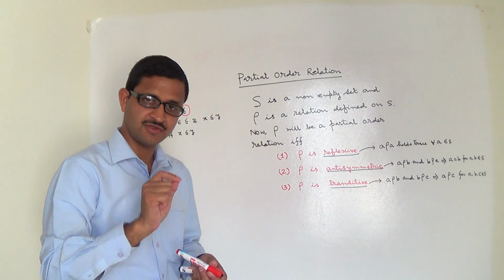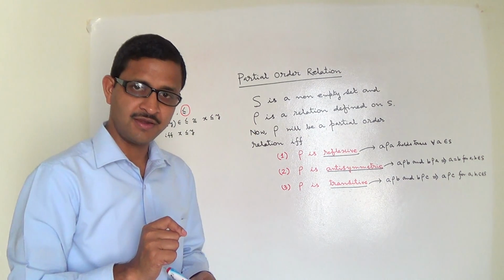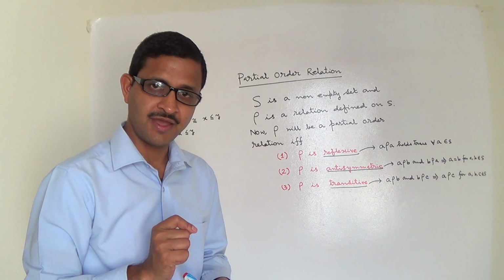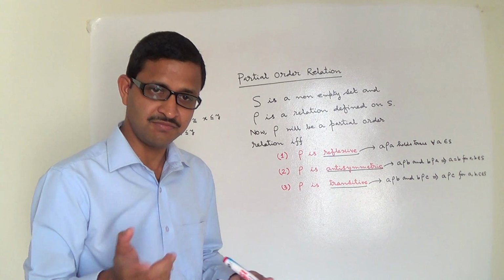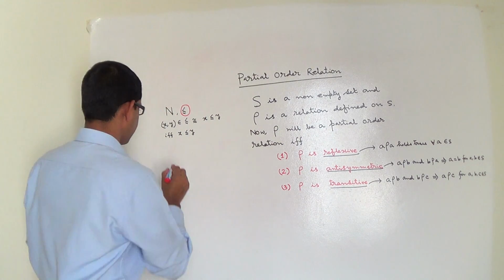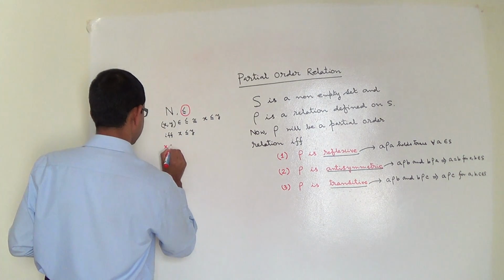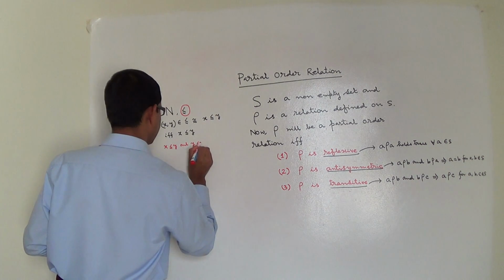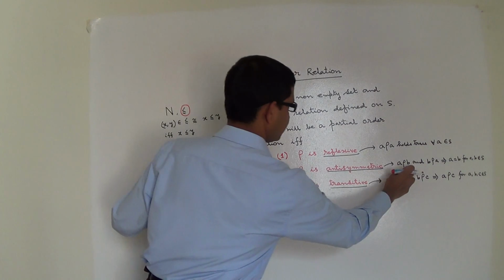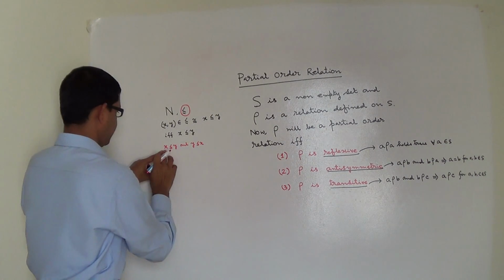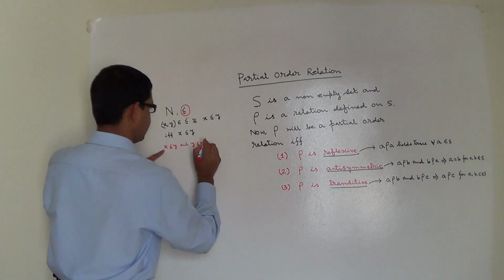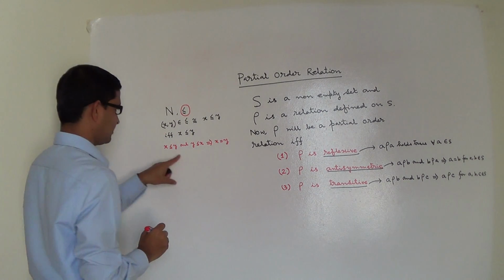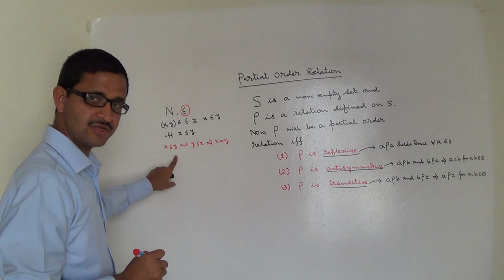You take two elements x and y, and if x less than equal to y and y less than equal to x, that obviously says x equal to y. So that proves that it is an antisymmetric relation.